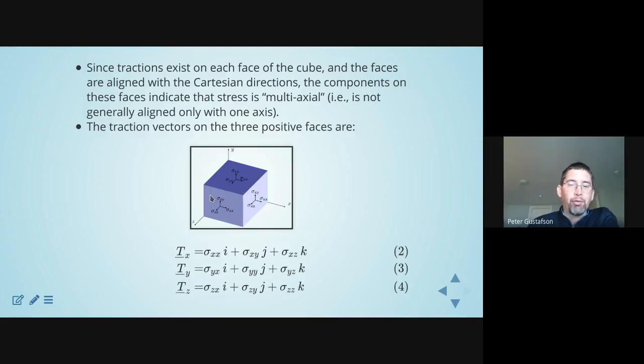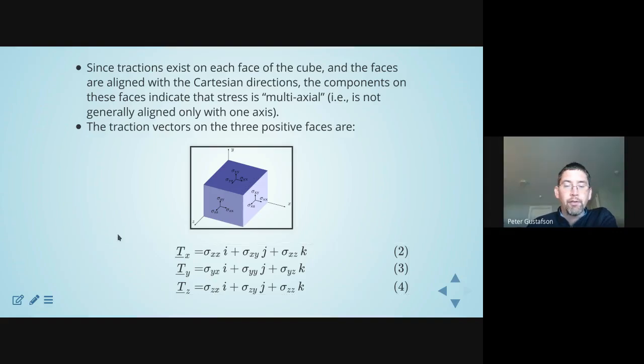So these are actually three different traction vectors, which I've written down here. The traction on the x face is sigma xx times the unit vector in that x direction, which we'll call i, sigma xy times the unit vector in the y direction called j, and then sigma xz times the unit vector in the z direction called k.